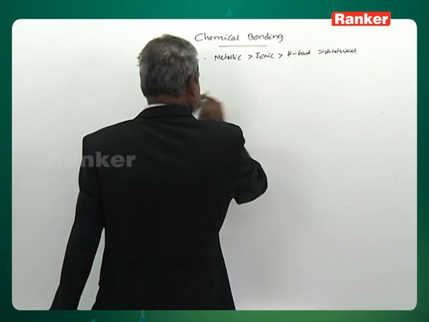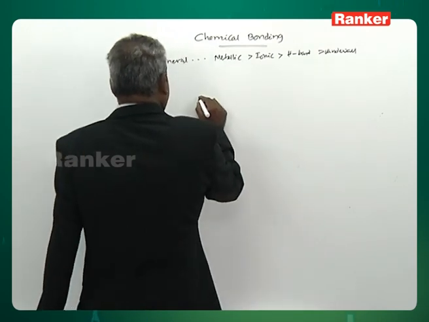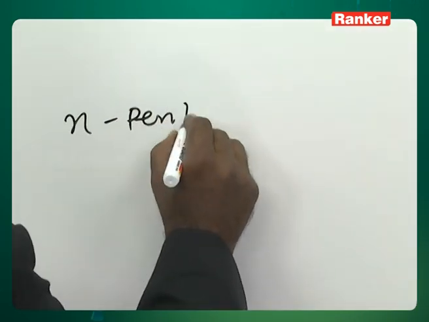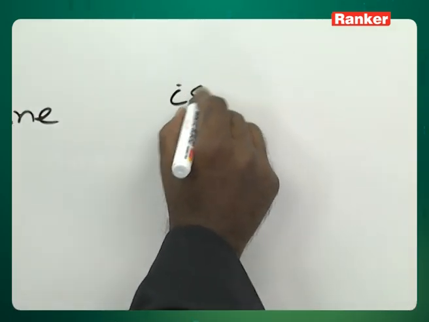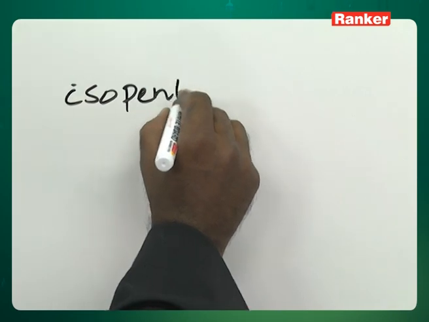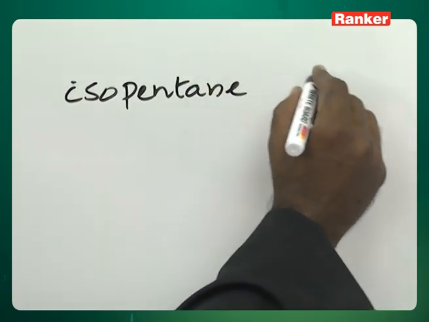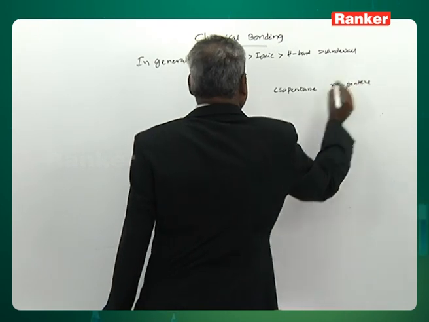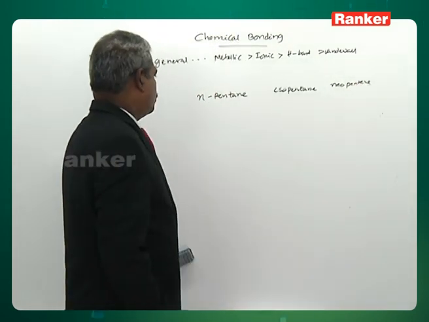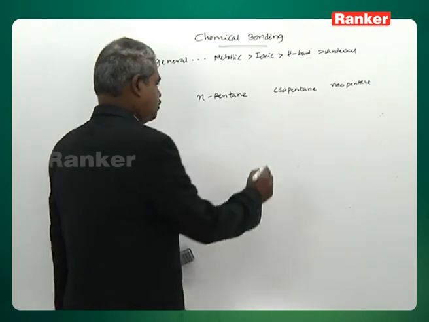So you have n-pentane, isopentane, neopentane. N-pentane, there is no branch. Isopentane means one branch.